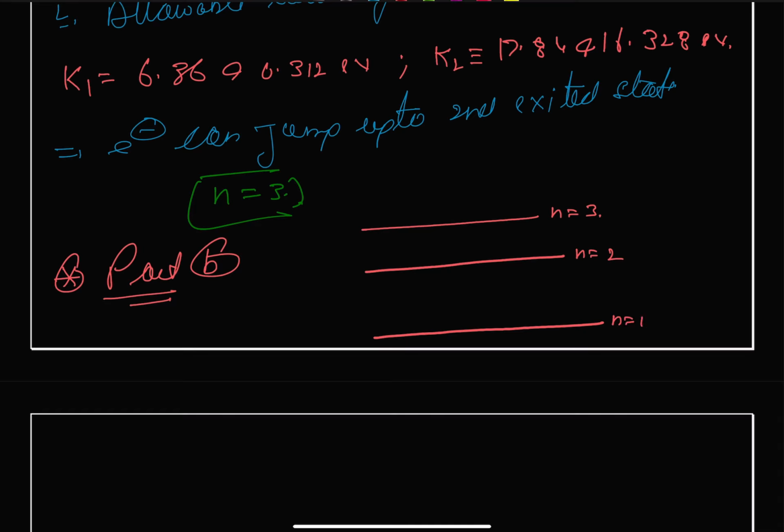Which basically means from 3 it is going to de-excite to 2, and it can also de-excite directly to n equal to 1, so this will be our 1, 2 as well as 3. So we can easily find out the corresponding frequencies.